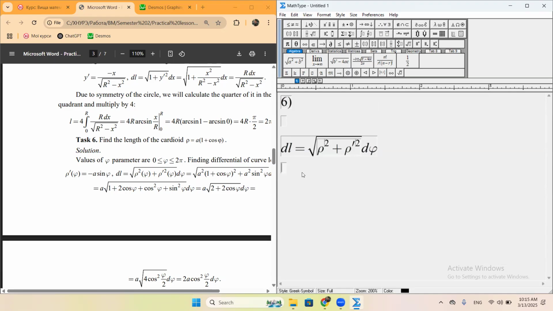So rho square equals a square by 1 plus cosine of phi.